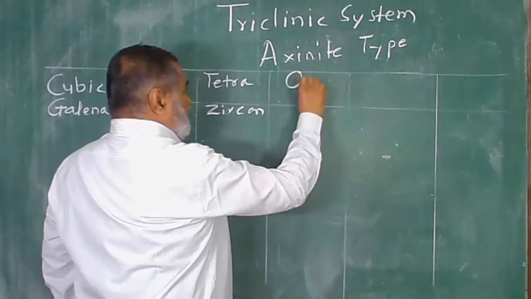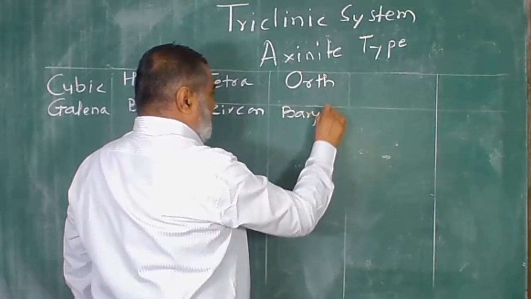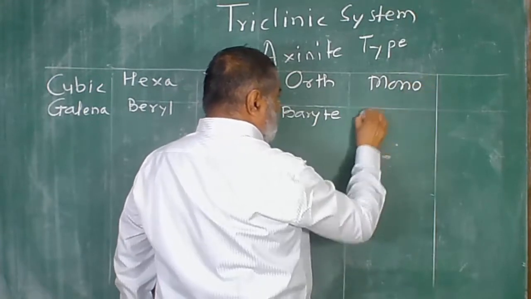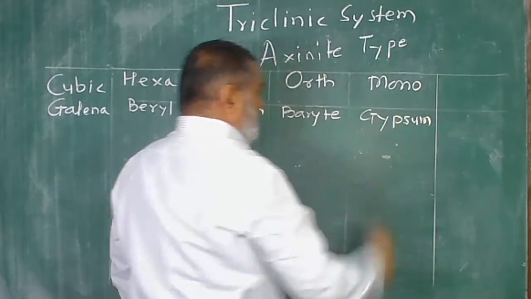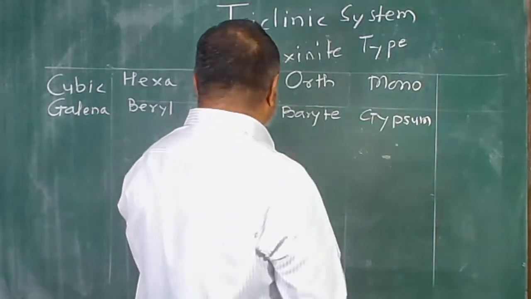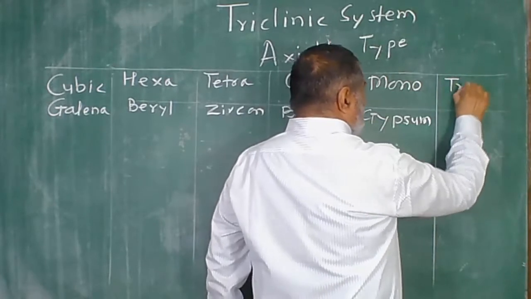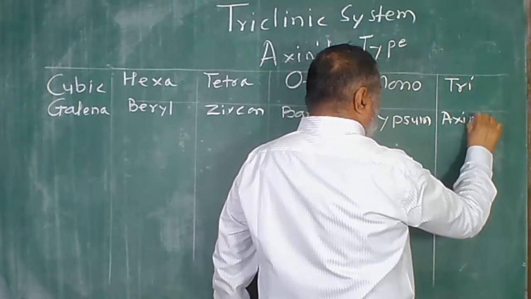Then orthorhombic system, barite type. Then monoclinic system, it is gypsum. These are the minerals we are going to do, most of the minerals. And the triclinic, what we have today, is axinite.